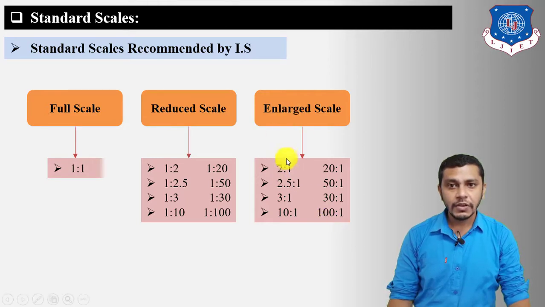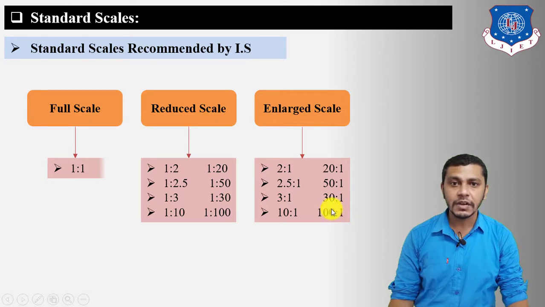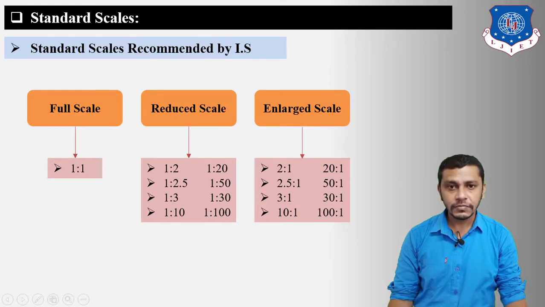So if you are taking 2:1 scale, that means the length of the object in the drawing is twice the actual length of the object, or the size of the object in the drawing is twice the actual size of the object. If you are taking 100:1 scale, that means this is the enlarged scale. That means the dimensions of the object in the drawing are 100 times greater than the actual dimensions of the object. So these are the standard scales recommended by IS international standards.